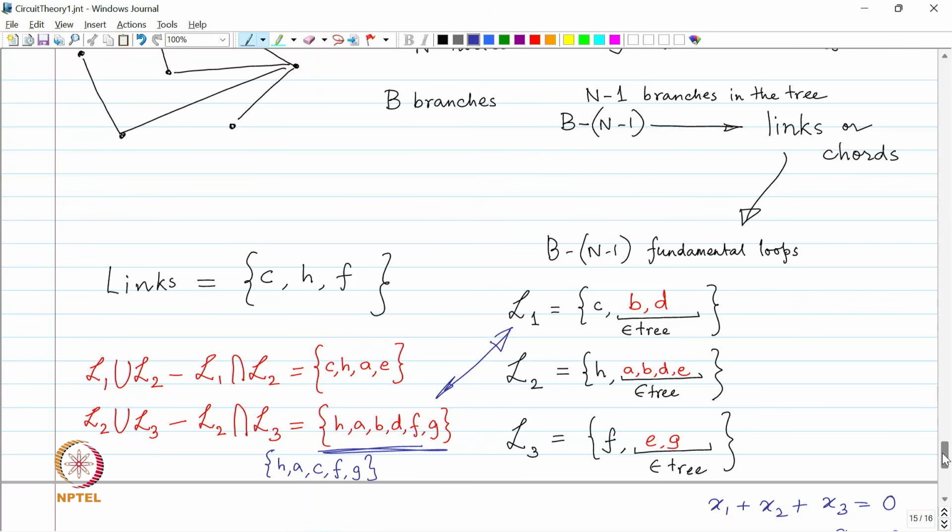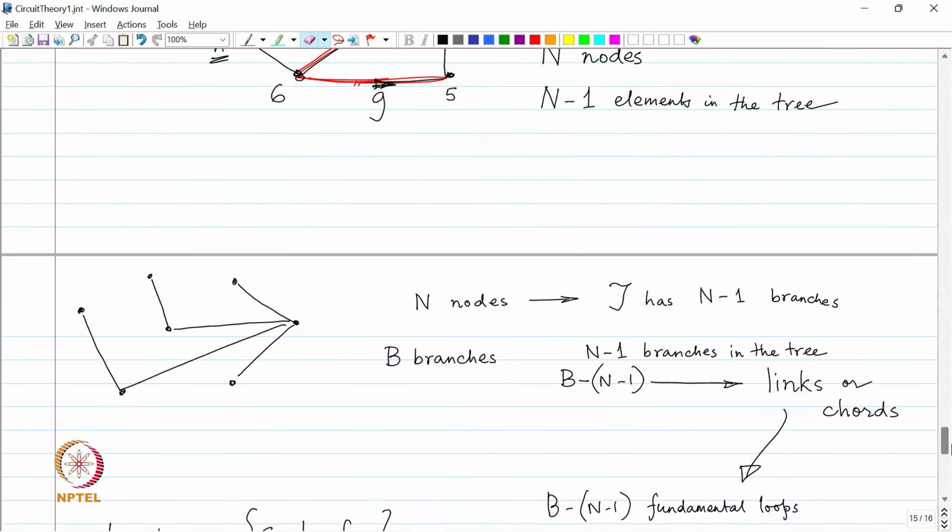So, if I do a KVL along CBD and I do a KVL along HABDE, these two KVLs, let us do them. Okay.